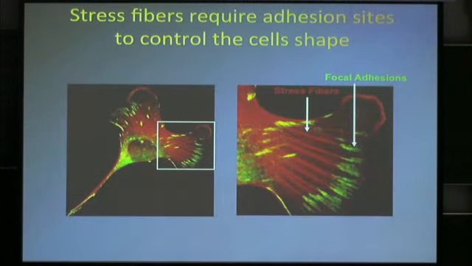So the answer is anchor points, which stress fibers are attached to, as we see in this migrating cell you saw before. At both ends of the stress fibers in this cell, we have accumulations of adhesion proteins called integrins, and we call those structures focal adhesions.